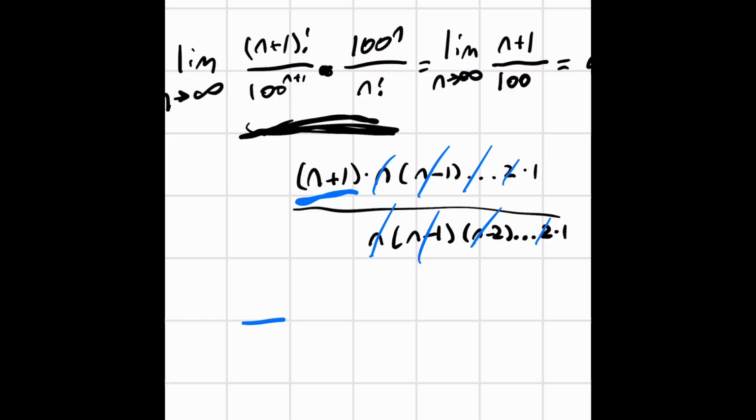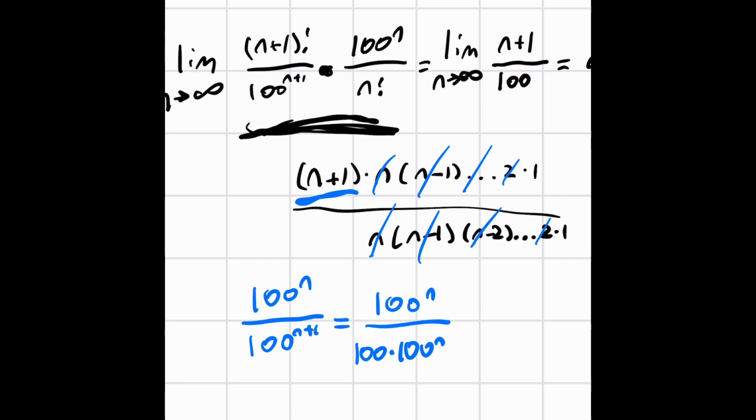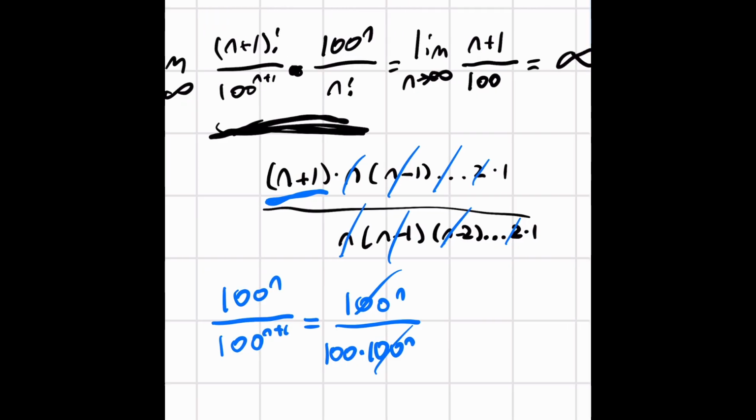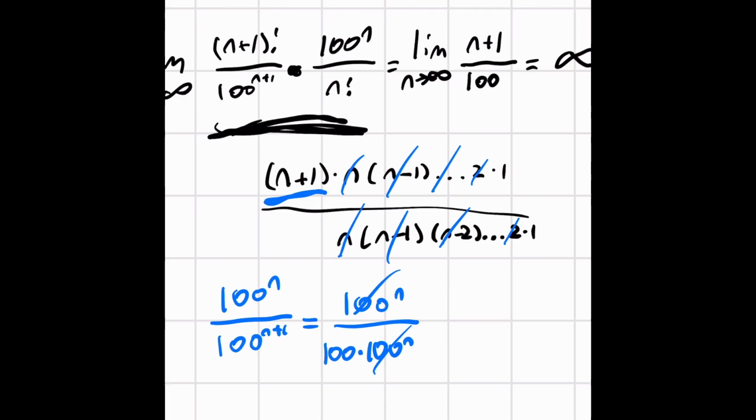Similarly, if you have 100 to the n and 100 to the n plus 1, you can always write that as 100 to the n over 100 times 100 to the n. Raising it to the n plus 1 power means you're going to do 100 to the n and then times an extra 100. So these pieces will cancel and you're left with 100 in that denominator. So all this stuff cancels.